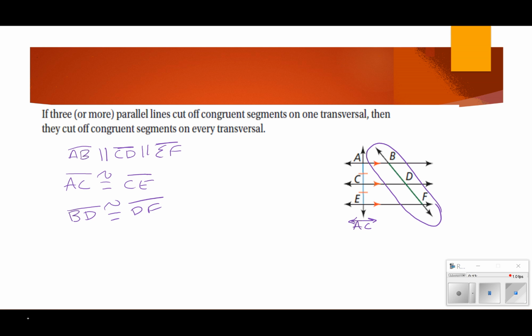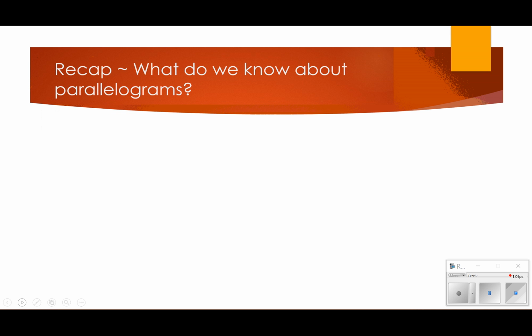Pretty quick little lesson compared to last night's. So what do you know about parallelograms? Instead of what are we going to learn? Well, we know that their opposite sides are parallel by definition. Okay, we know that their opposite sides are congruent by that first theorem.